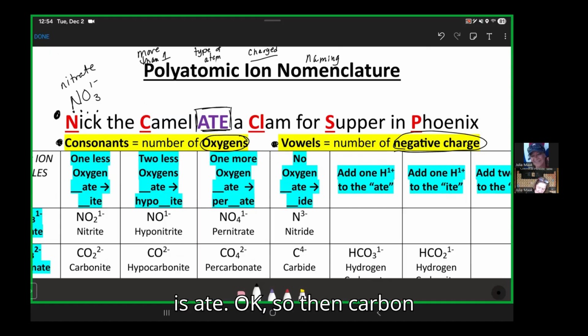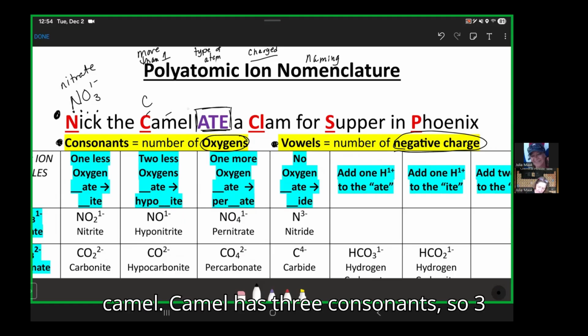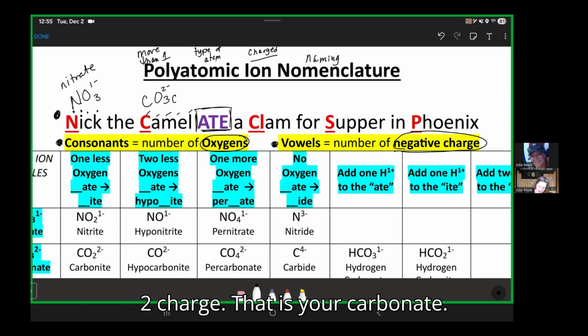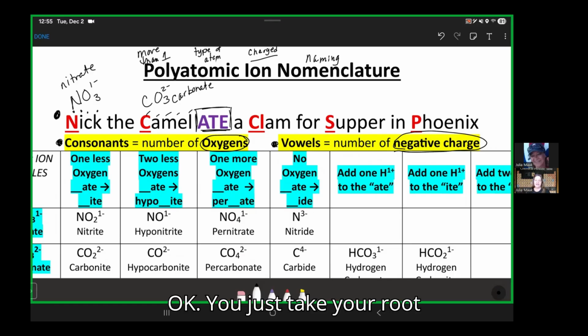Then carbon, camel has three consonants, so three oxygens, two vowels, so a negative two charge. That is your carbonate. You just take your root, like nitrogen is nitr-, and add ate. Carbonate, we say carbon, the whole word, and add ate.